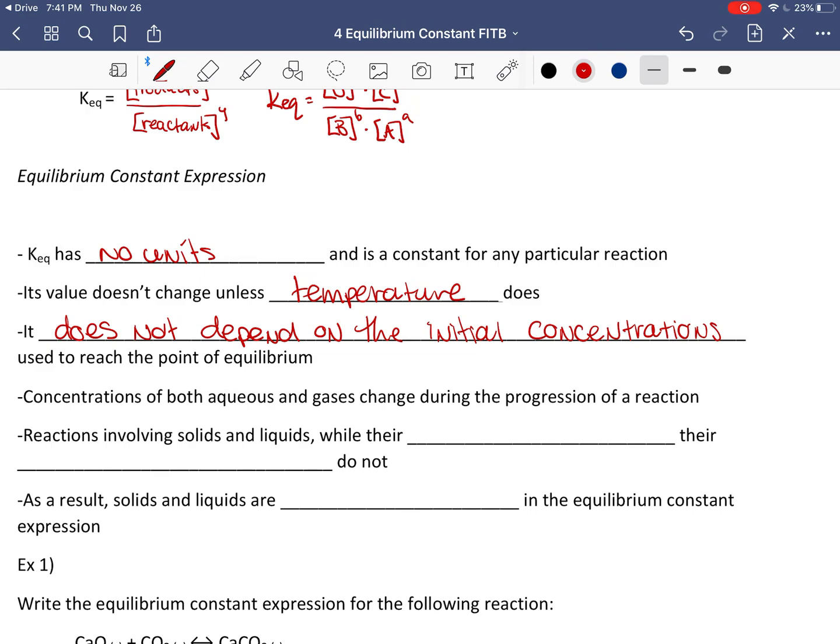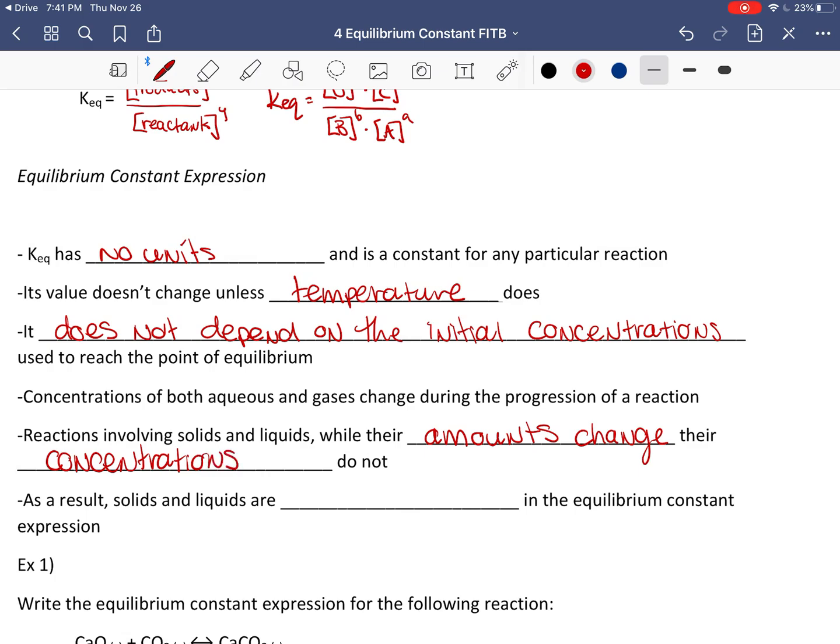So concentrations of both aqueous and gases change during the progression of a reaction. Reactions involving solids and liquids, while their amounts change, their concentrations do not.